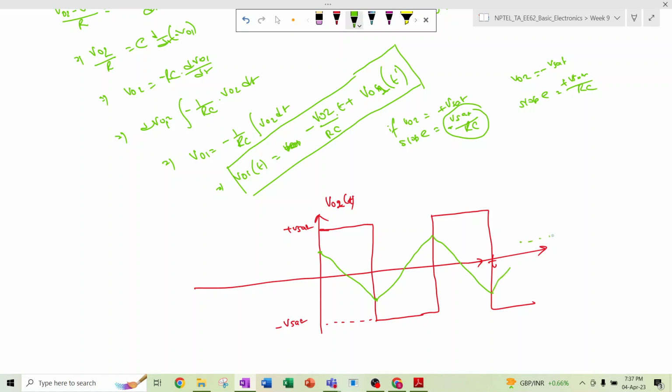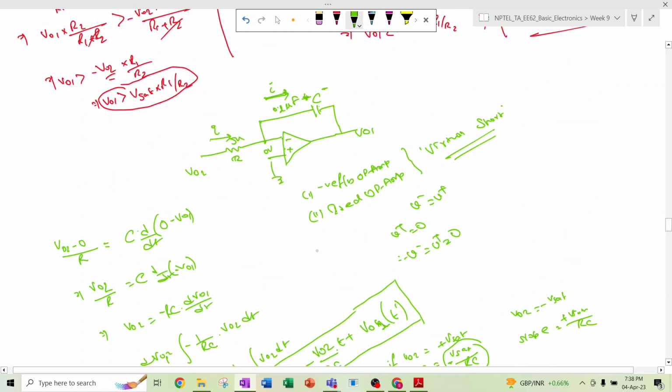Okay, so this thing is VO1T. So if we consider this thing VO1T, how can we find out this value?